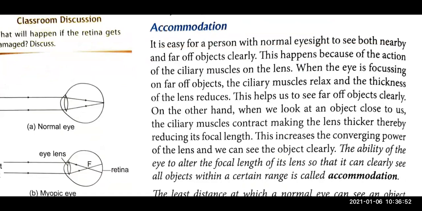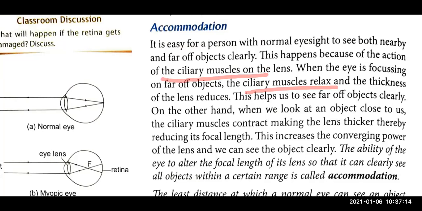Now, when these ciliary muscles relax, what will happen? As the ball is relaxing, if you are stretching the ball from the top, you are not compressing it, the ball will become thin, right?